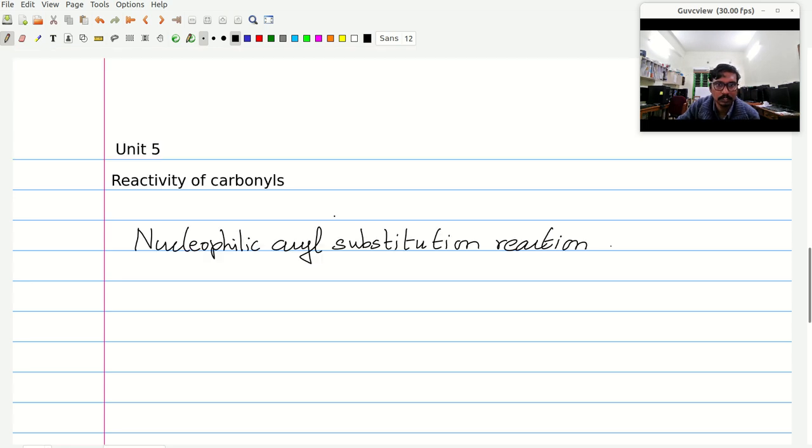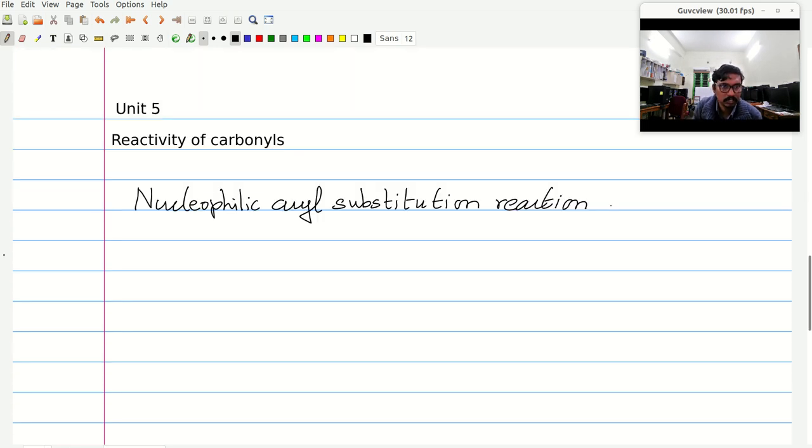So what does this mean? Let's take an organic molecule, a carbonyl.